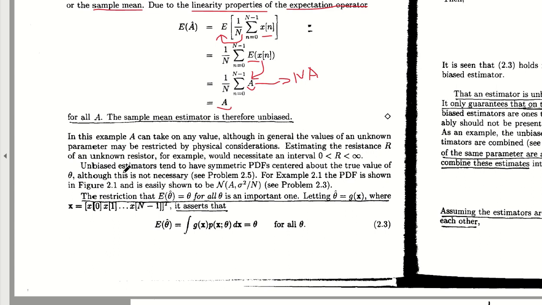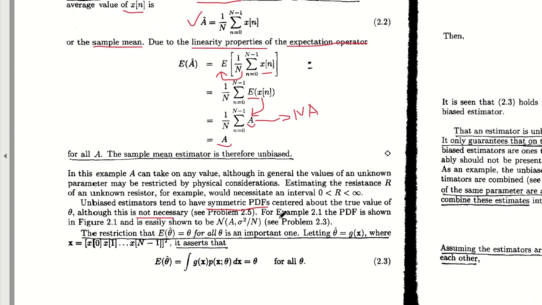And then unbiased estimators tend to have a symmetric PDF centered around the true value of theta, although this is not necessary. For example, in this example, the PDF will be N(A, sigma squared divided by N).